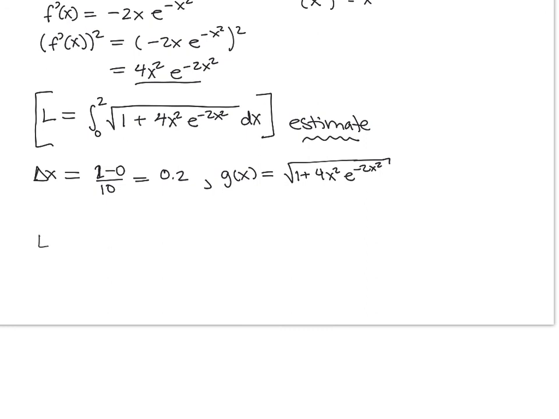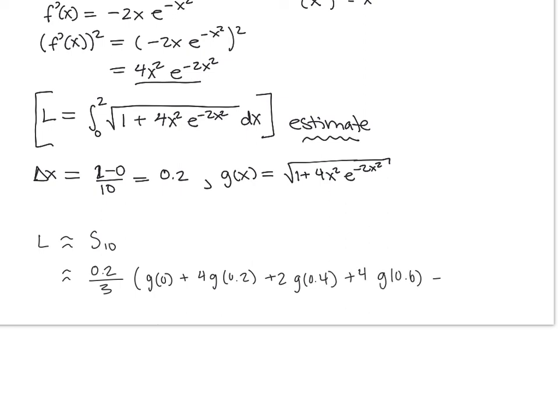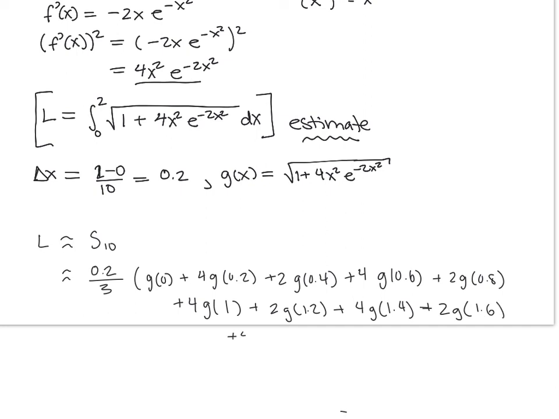So then our length will be about equal to Simpson's rule with 10 pieces, which recall is delta x over 3, so 0.2 over 3, times 1 g of 0 plus 4g of 0.2 plus 2g of 0.4 plus 4g of 0.6, and it keeps going, plus 2g of 0.8 plus 4g of 1, 2g of 1.2, 4g of 1.4, 2g of 1.6, 4g of 1.8, and then finally a singular g of 2.